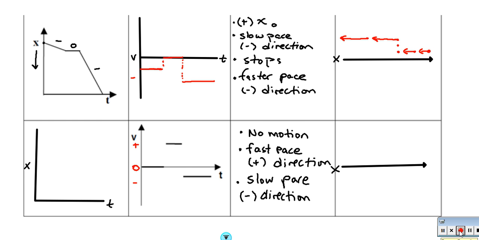Alright, so we have to choose a spot to begin our position time graph. Since the object's going to move to the right, it's okay for me to start this graph at the origin, because my graph is only going to go up from there.